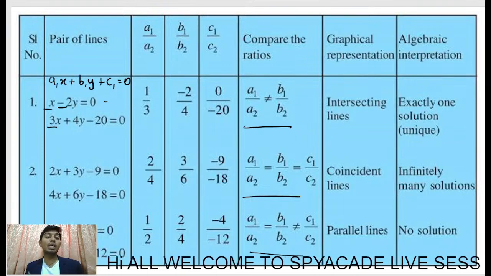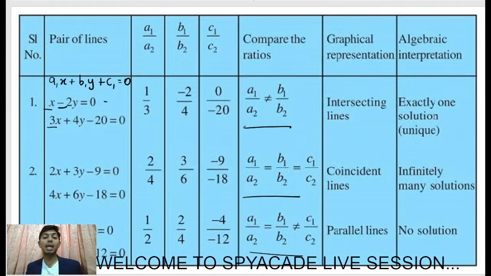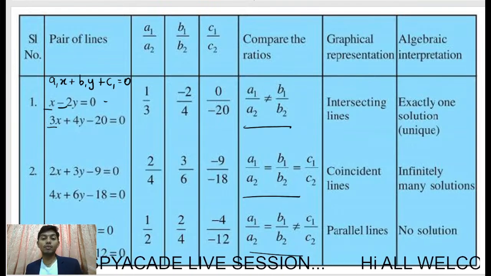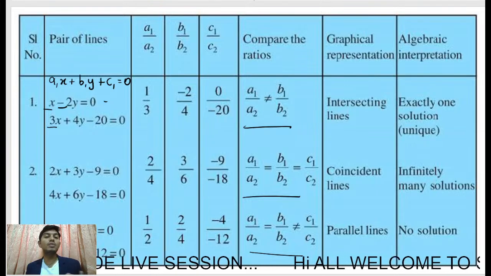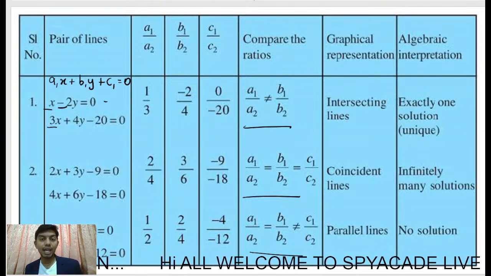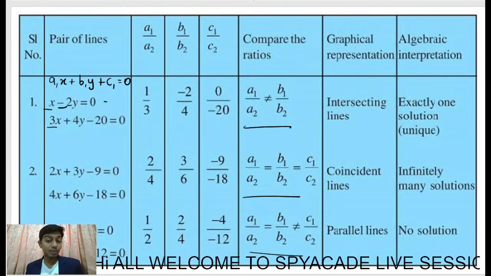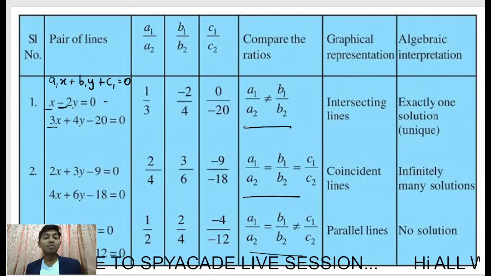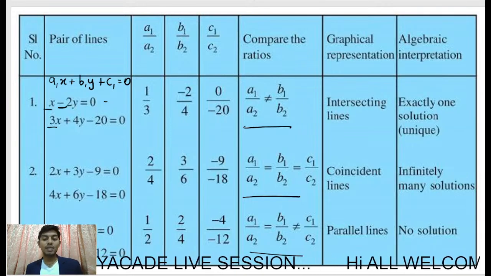Is it clear for everyone? So there are three different conditions. Please make a note. You can exclude these examples, but please make a note of the conditions. a1 by a2 is not equal to b1 by b2, which means it is the intersecting lines where you will be getting only one solution. Same way, a1 by a2 is equal to b1 by b2, which is equal to c1 by c2.